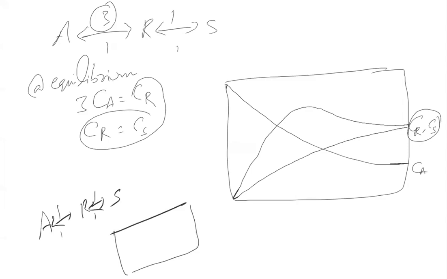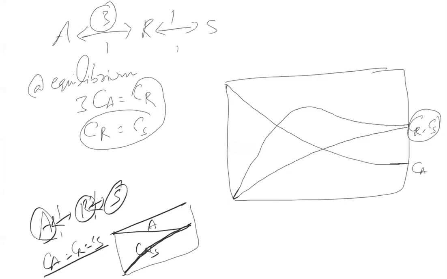Then A, R and S all will reach, because at equilibrium, CA equal to CR, CR equal to CS. But here at equilibrium, CR and CS are equal, but CR is 3 times CA, whatever CA. Suppose if I replace this with 3, then all the concentrations will be equal.